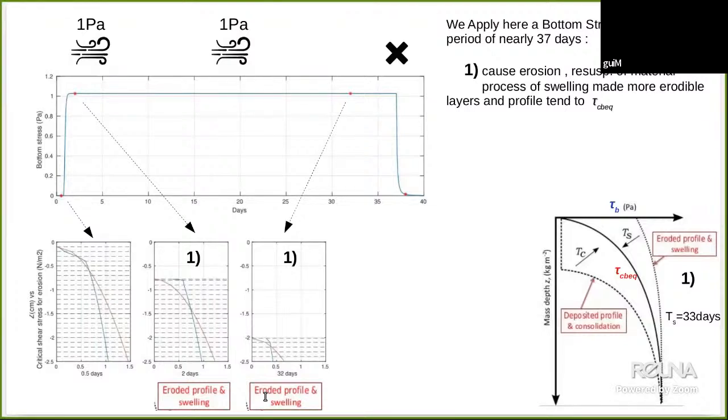Okay, so I will try to do it. It's slightly the same as the resuspension test case, only we have just one event. One event, that means one bottom stress event, and we cut off at 37 days.